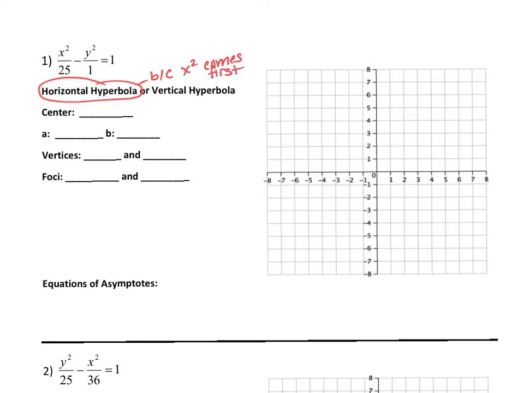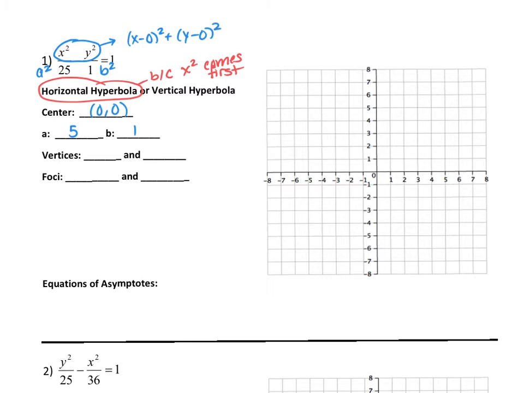Now, in a hyperbola, the first number will always be a squared and the second number will always be b squared. So that tells me the square root of 25 is 5 for my a, the square root of 1 is 1 for my b, and my center comes from these values up here. My center works just like a circle, so it's really x minus 0 squared plus y minus 0 squared. Therefore, my center is 0, 0.